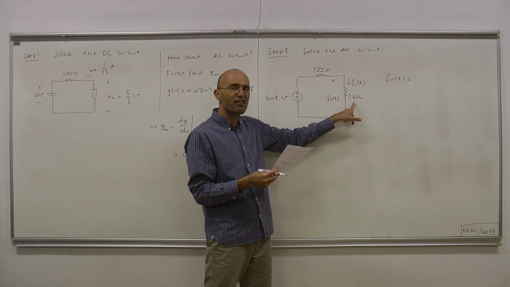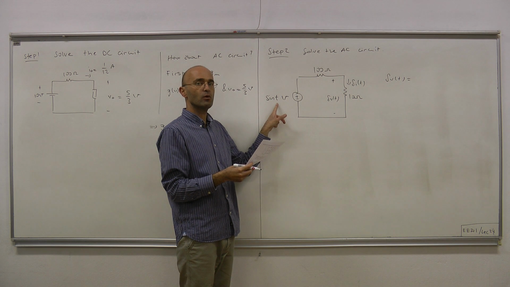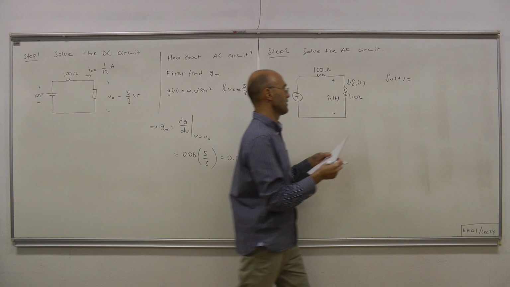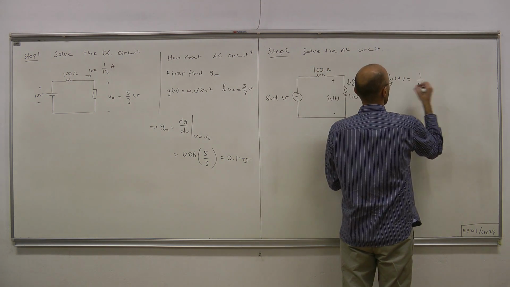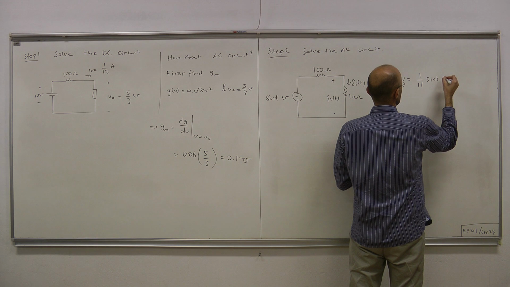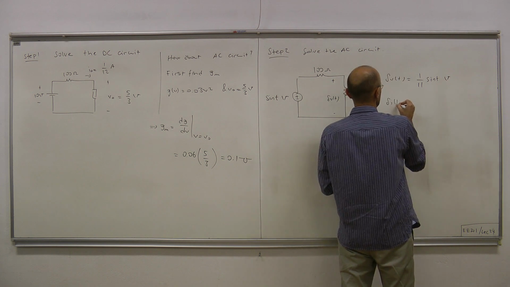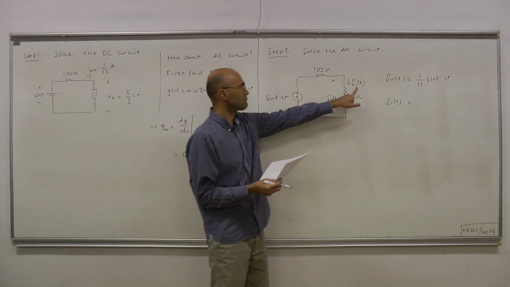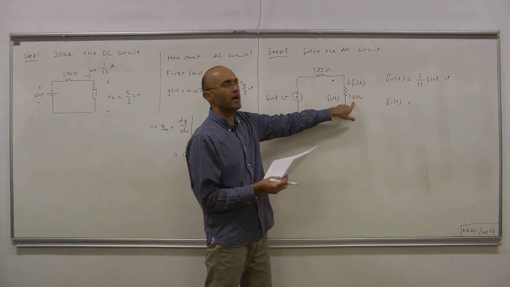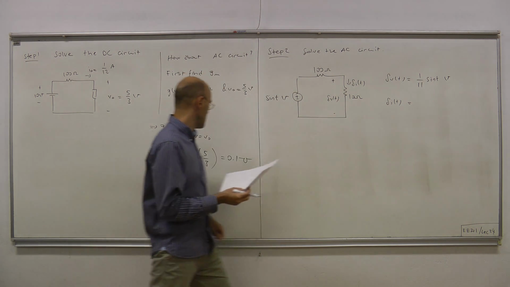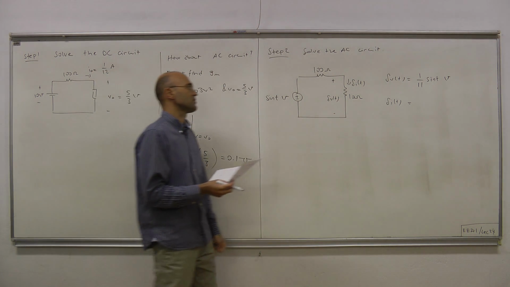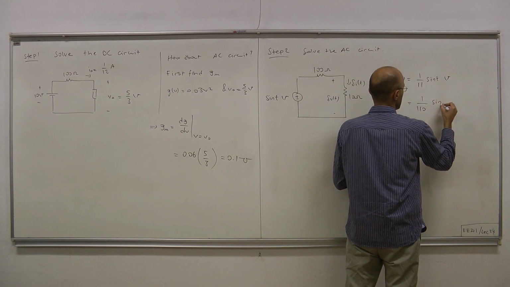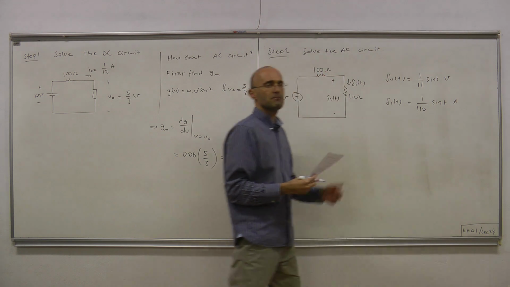Therefore, 1/11 of the voltage provided by the voltage source is taken up by this resistor. Therefore, what we have is 1/11 sine t volts. And how about the variation of the current? Okay, it's simply voltage divided by the resistance, or voltage multiplied by the conductance: 1/110 sine of t amps.